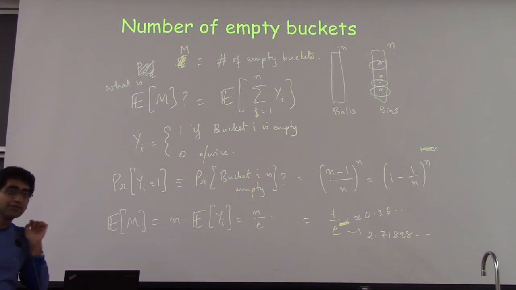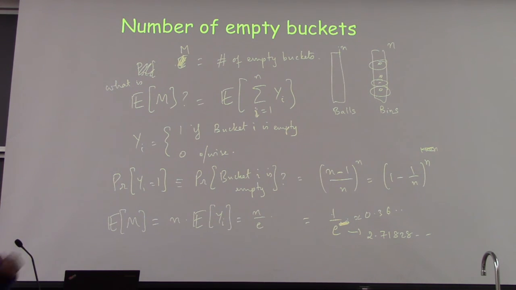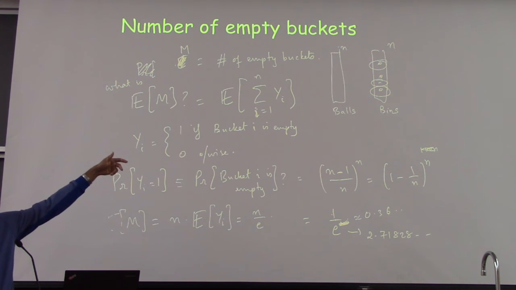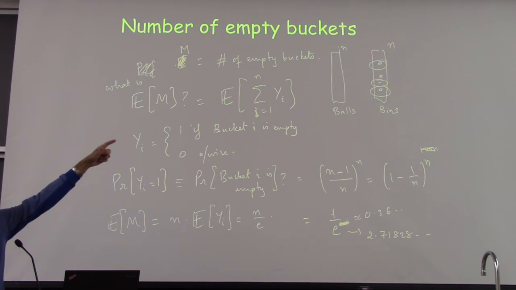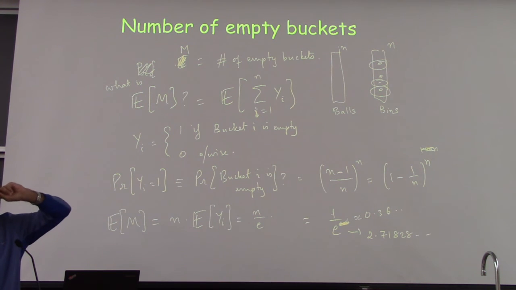One thing which I forgot to mention when I was talking about linearity of expectation is that these events are highly dependent on each other. The probability that y_i is 1 is quite dependent on the probability that some other y_j is 1. In some sense, if bucket i is empty, intuitively there's more likelihood that bucket j is not empty.